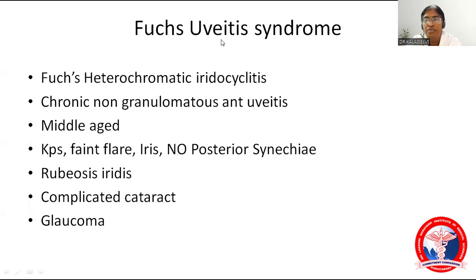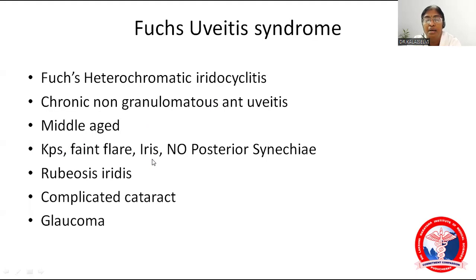Now coming to Fuchs uveitis syndrome. Here, Fuchs heterochromic uveitis is again a chronic non-granulomatous anterior uveitis, present in middle age. The typical findings are keratic precipitates, which are stellate, and we have minimal flare, 1+ cells can be seen.